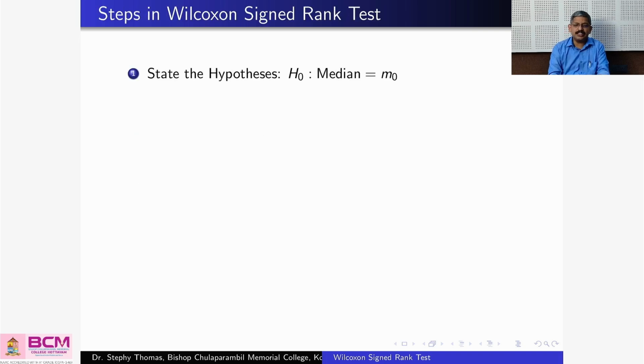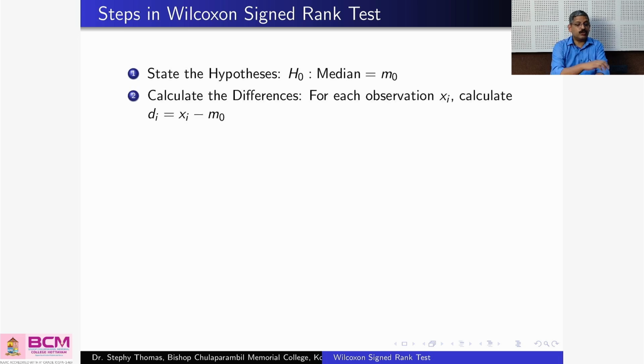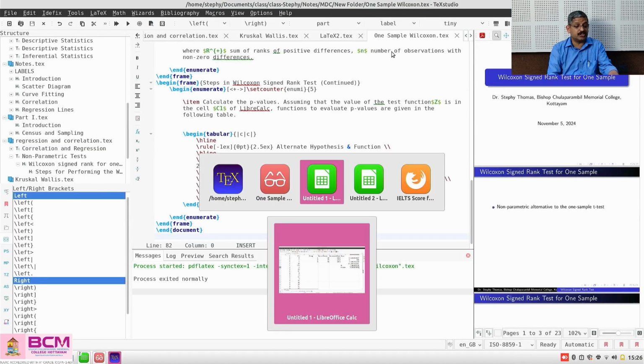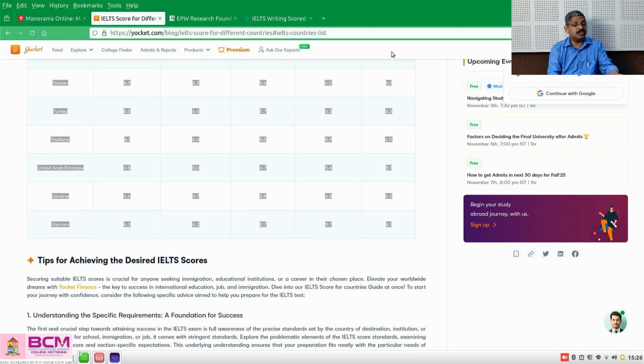Now we will discuss the various steps in the calculation of a Wilcoxon signed rank test. First, we have to state the hypothesis. We should have a clear idea about the value of m naught. To perform this in LibreCalc, I will use a data set from the IELTS database.